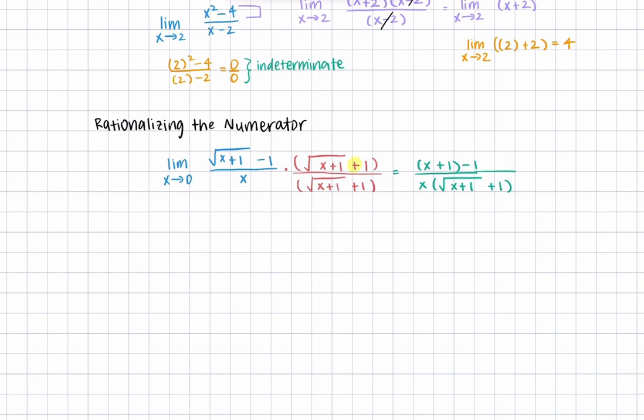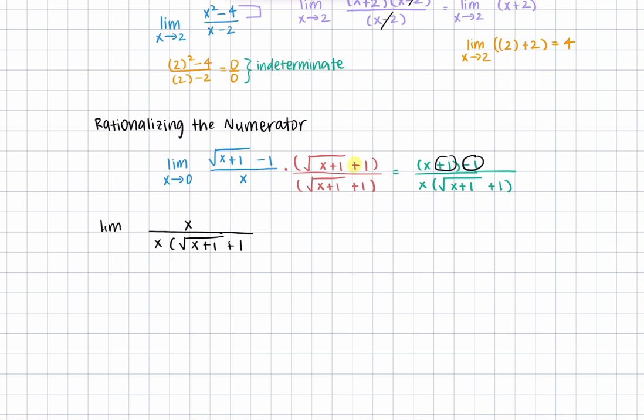All I did was FOIL the numerator, so this and this and this and that, or -1 times +1. Once I have this, I can simplify this further. x plus 1 minus 1 gives me x, over x times the square root of x plus 1 plus 1.